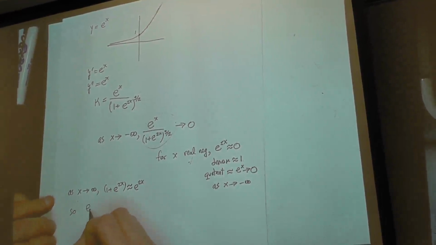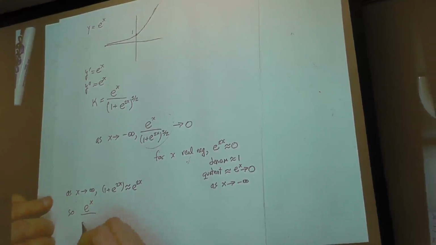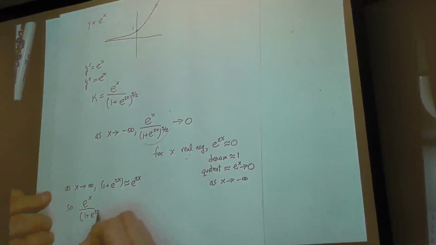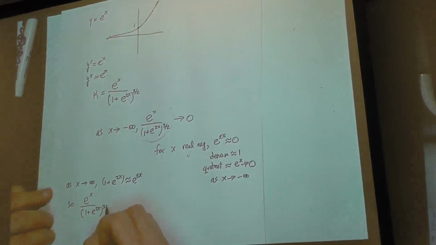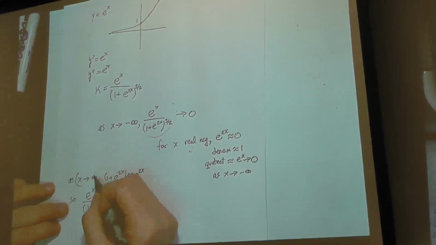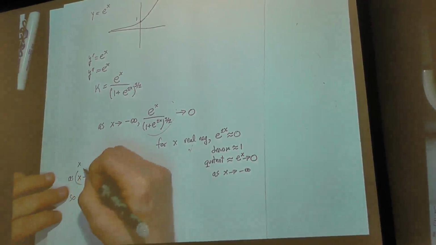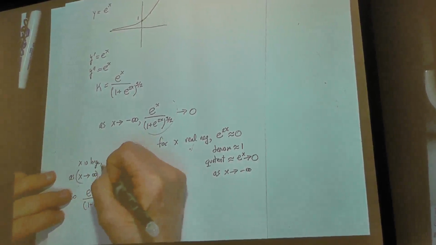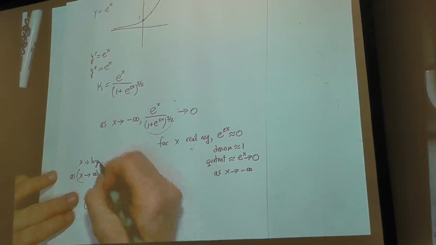So e to the x over 1 plus e to the 2x raised to the 3/2 power, as x is huge, I can make this approximation.